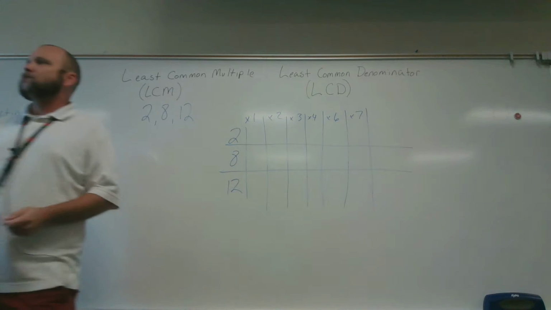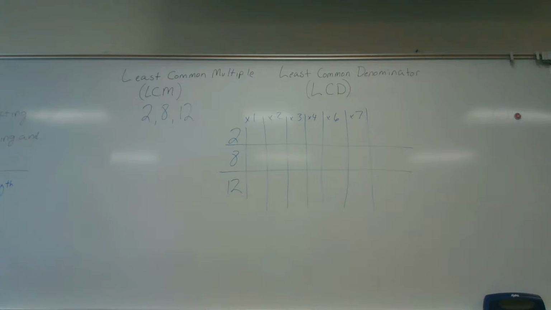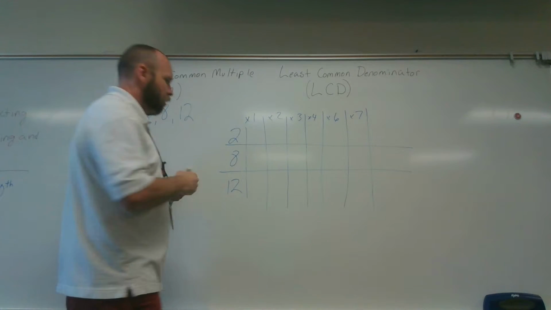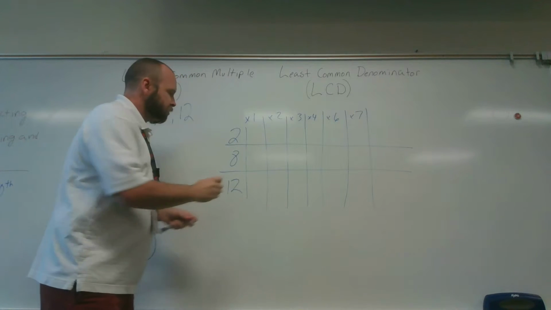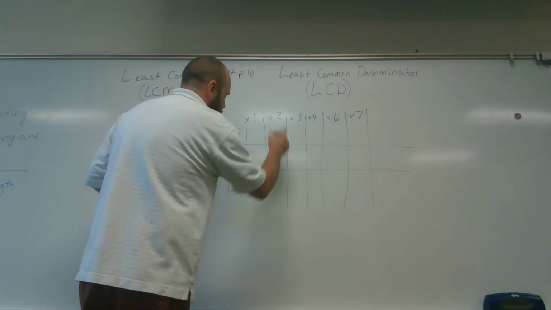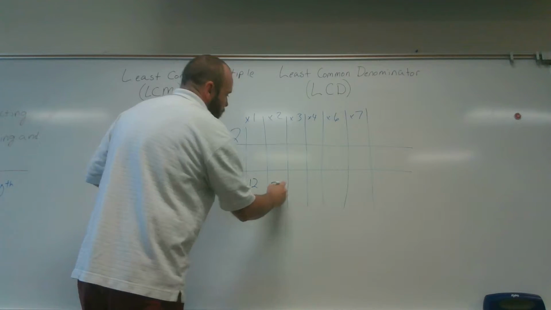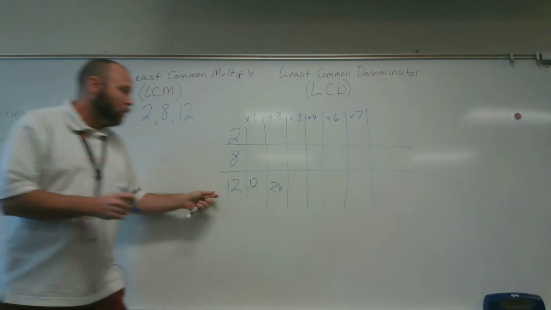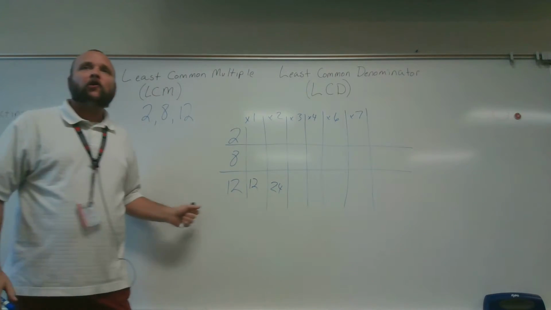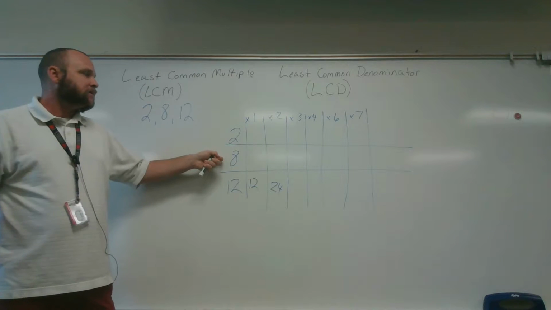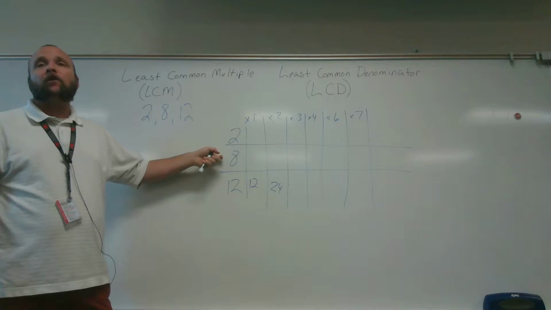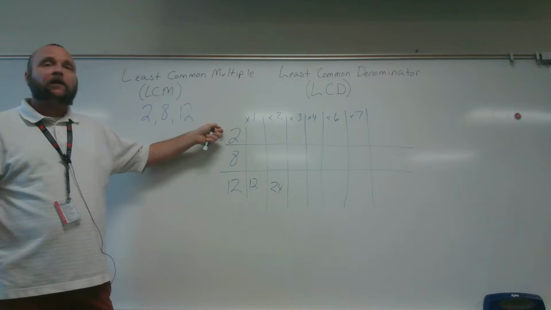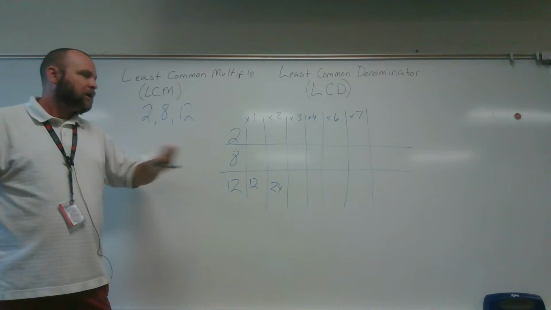Again, I'm going to start with my greatest number, which is 12. We know 12 times 1 is 12. What's 12 times 2? 24. Now, I know 24 is a multiple of 12. Is 24 a multiple of 8? Yes. Is 24 a multiple of 2? Yes. I'm done.